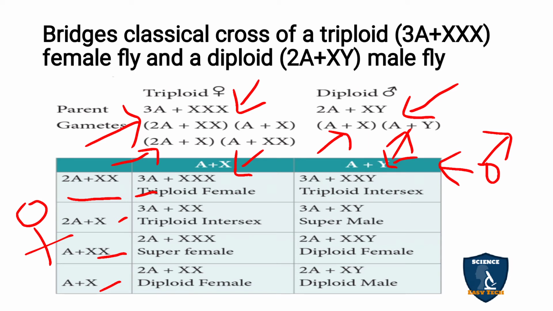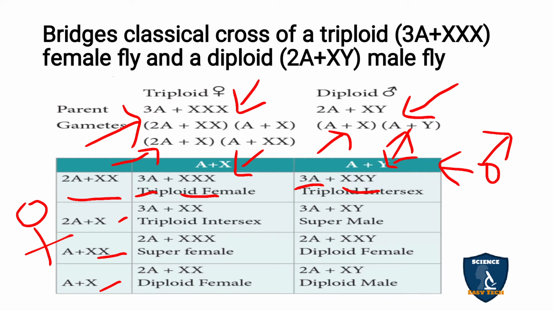3A plus double X plus 1X, so triple X, okay? And here 2A plus 1A is 3A plus XXY, so it is a triploid female, and here it is triploid intersex.